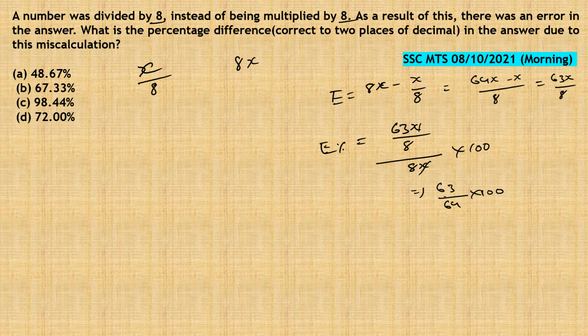Here 63 is less than 64 by 1, or you can get 6300 divided by 64. If it is 6400, then it would be 100%. It is 1 less than 64. That means it would be nearest to 100%. If you see in the options, option number C is around 98%. Or you can calculate it, okay?